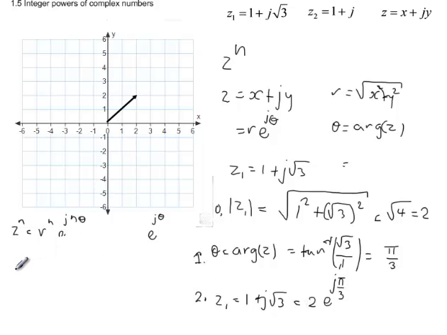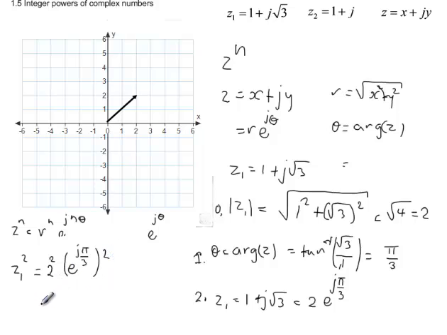Now, if we take, let's say, first of all, Z1 to the power 2. If we follow this formula, Z1 to the power 2 will be 2 to the power 2, then this side we're going to have e^(j pi over 3) to the power 2.